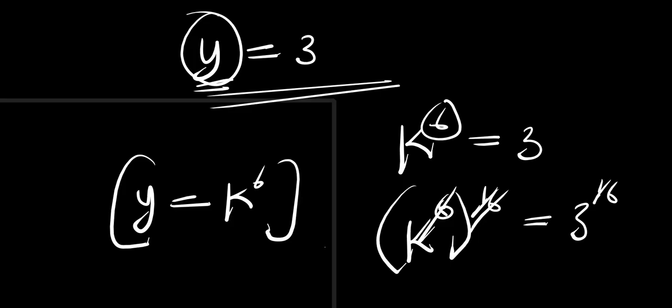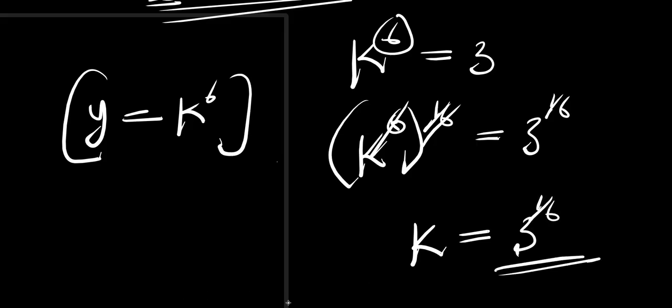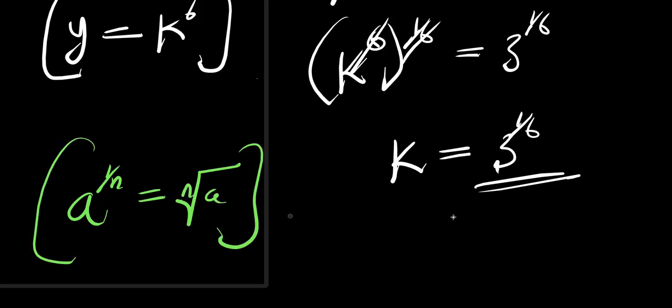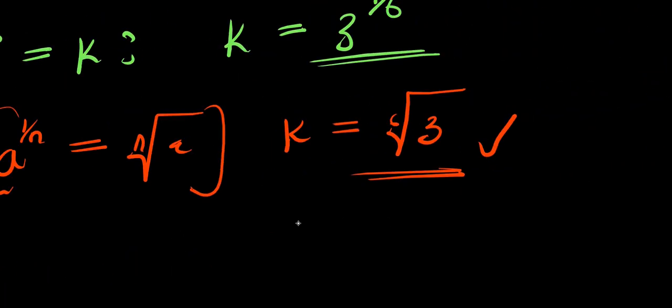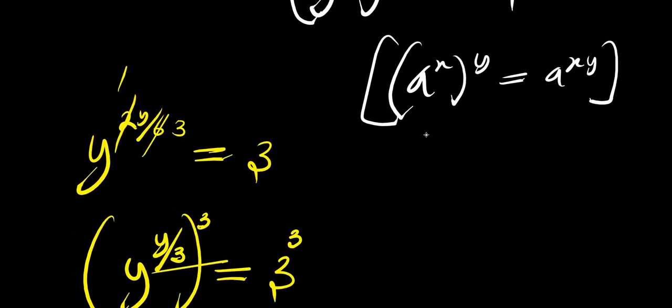This cancels this. So we simply have k equals 3 power 1 over 6. If you consider this exponent rule again, a power 1 over n equals the nth root of a. That means our k equals the 6th root of 3. This and the other one are the same. So any of the methods you want to use is fine.